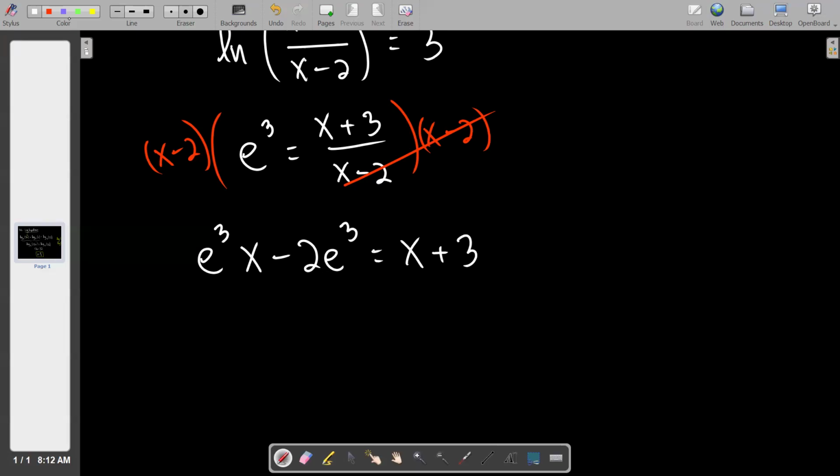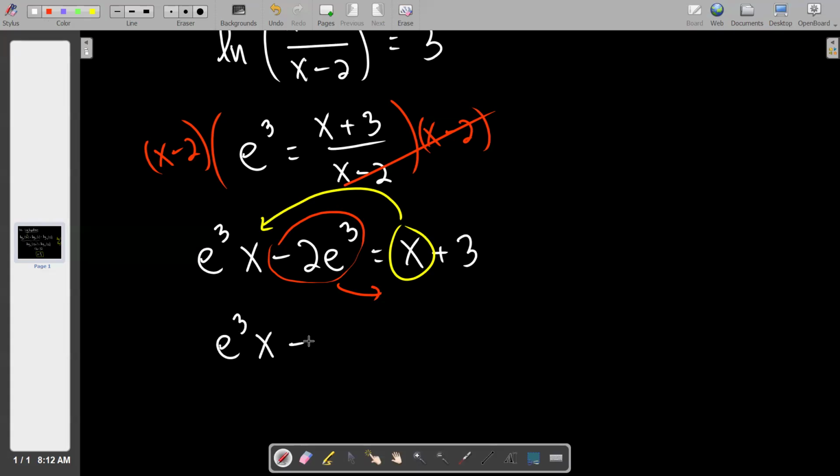Having said that, here's what it looks like. X is going to come join his homie over here. But then the 2e cubed has to clear and get out of the way. So they're essentially going to switch places. On the left side, we're going to wind up with e cubed x minus x. And on the right-hand side, we're going to have 2e cubed plus 3.